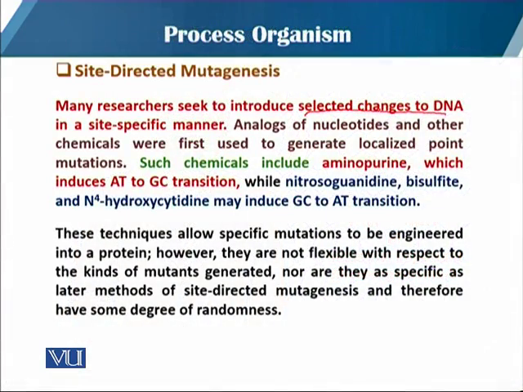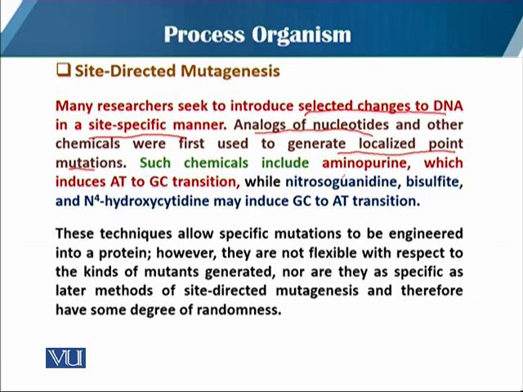As concerns site-directed mutagenesis, many researchers seek to introduce a selected change to DNA in a site-specific manner. Analogues of nucleotides and other chemicals were first used to generate localized point mutations.